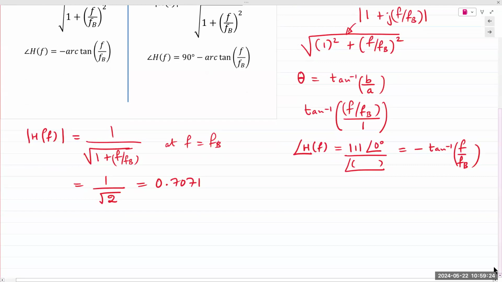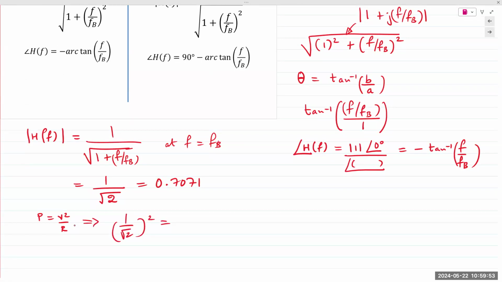And H of f is, of course, the ratio of output voltage to input voltage. So when the output voltage drops to 70%, that's our cutoff frequency or break frequency. If you insert power in this equation instead of voltage, power is V squared over R. So 1 over root 2 squared becomes half.